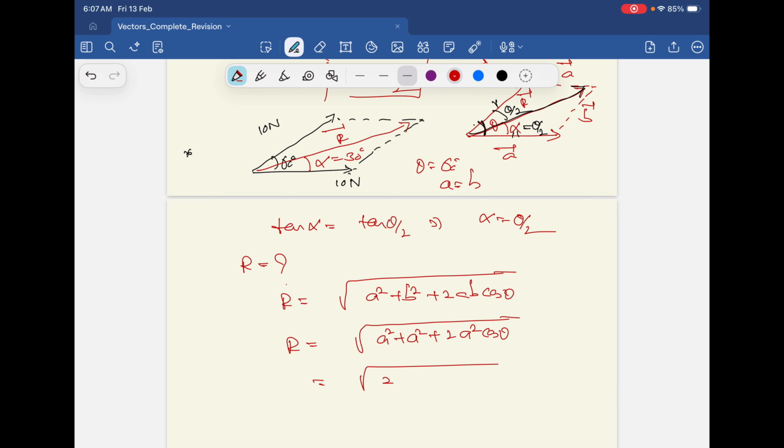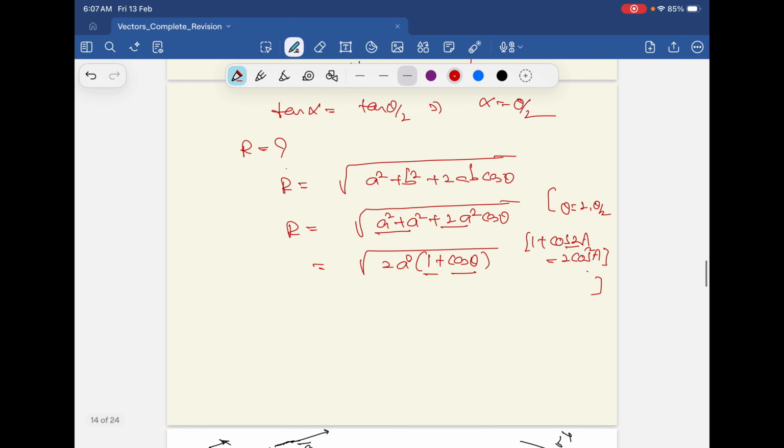So you can take, student, 2a square common. So 1 plus cos theta. Again the same formula I am going to use: 1 plus cos 2a. The formula is 2 cos square a, half angle identity, 2a becomes a. Theta I am writing how, students? In 2 into theta by 2 form.